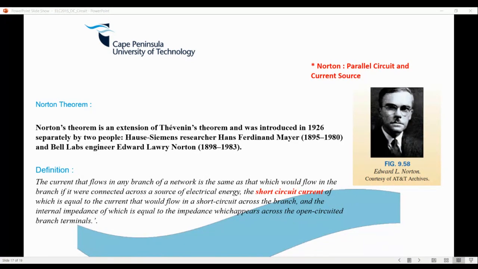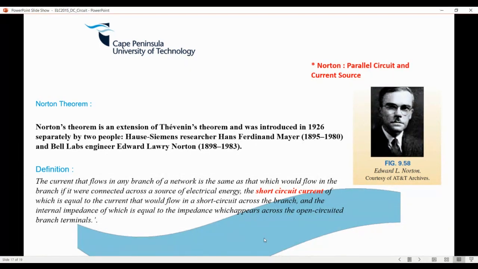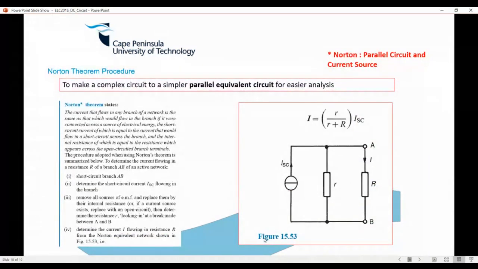The idea here is it's the same as Thevenin, but instead of using the open circuit voltage and series circuit, we're looking at a parallel circuit. So it achieves the same purpose, but Norton will just focus on a parallel arrangement.